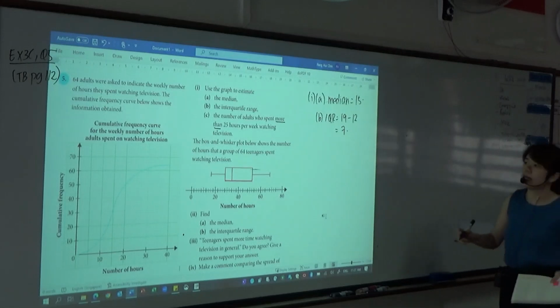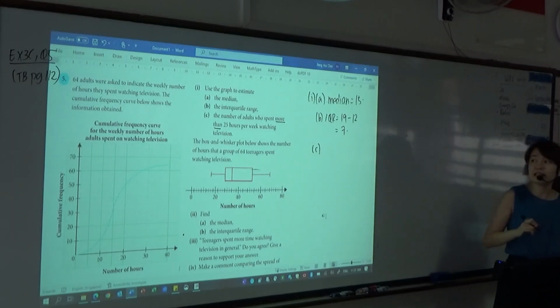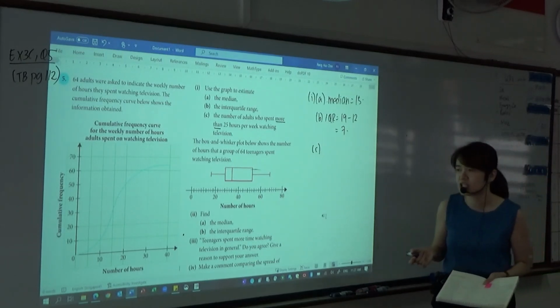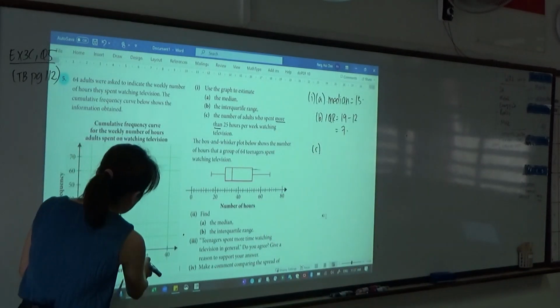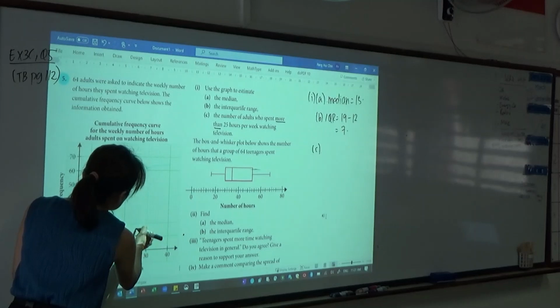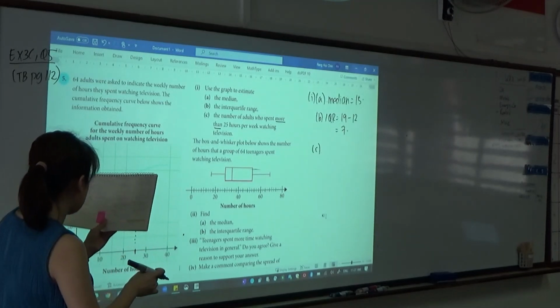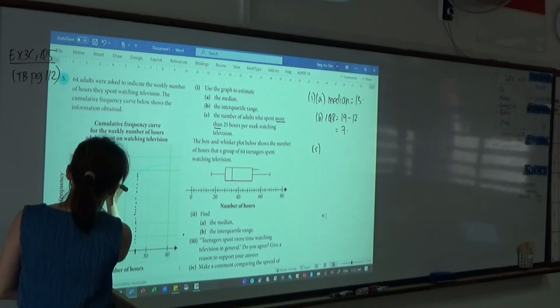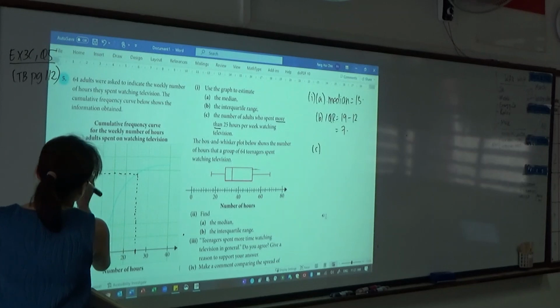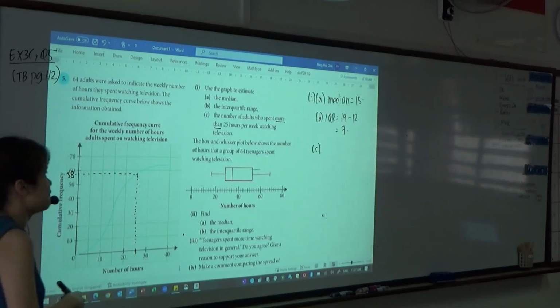Then in part C, we want to find the number of adults that spend more than 25 hours per week watching television. We can go and find out at 25 hours, which is over here. What we will read off from the graph will be the value 58. But this 58 refers to less than or equals to 25 hours.